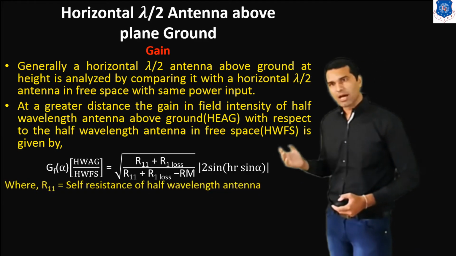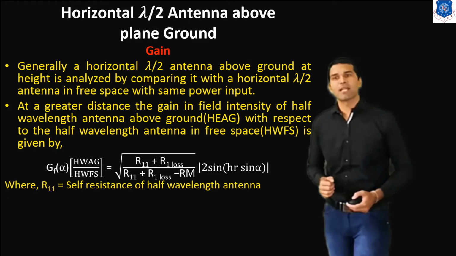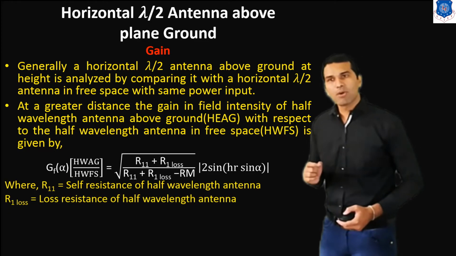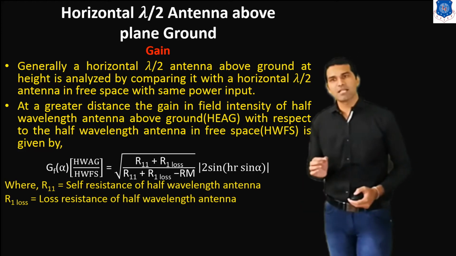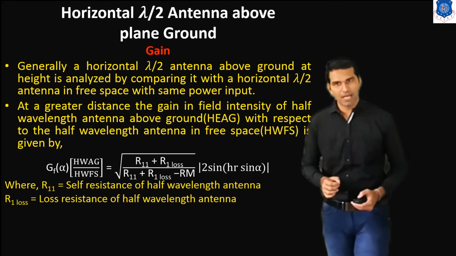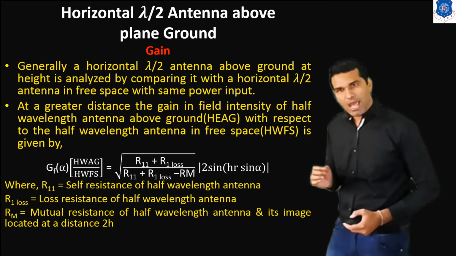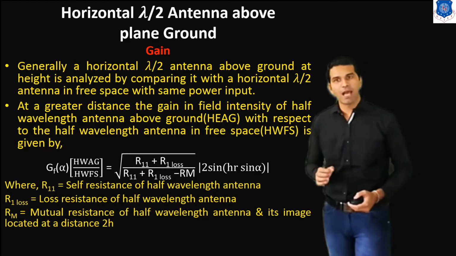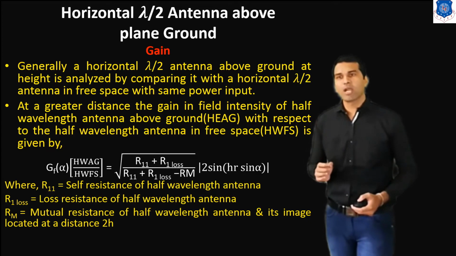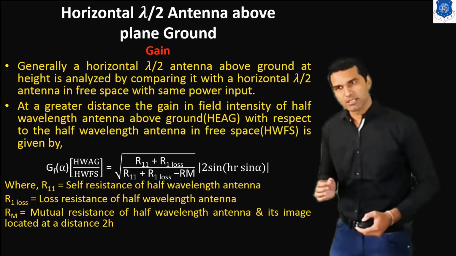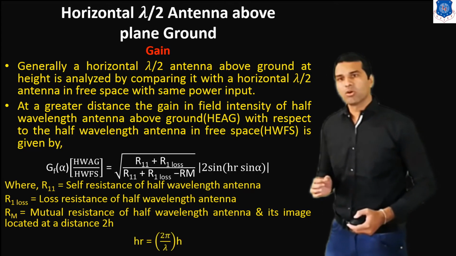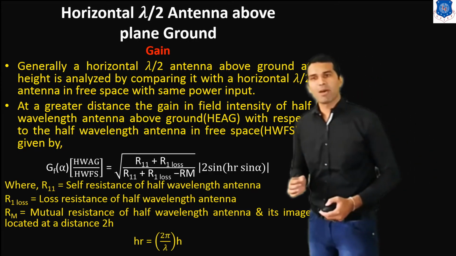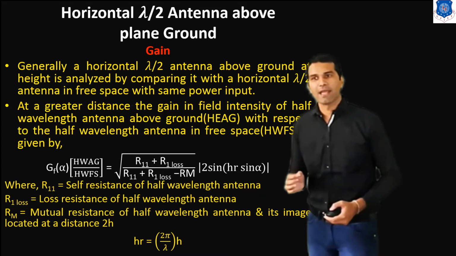Here R11 indicates the self resistance of the half wavelength antenna, R1 loss indicates the loss resistance of the half wavelength antenna, and Rm indicates the mutual resistance of the half wavelength antenna and its image located at distance 2h. Here hr equals 2 pi by lambda into h.